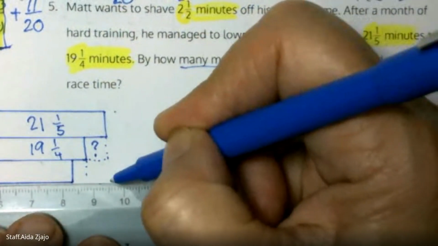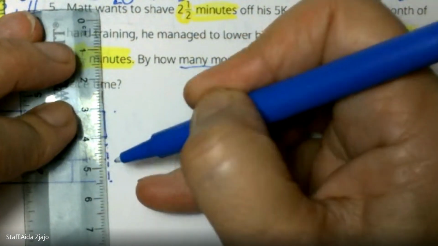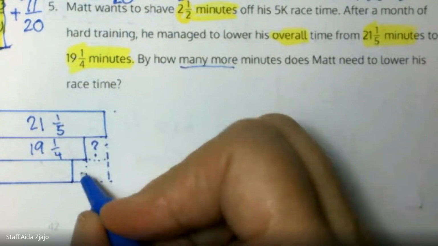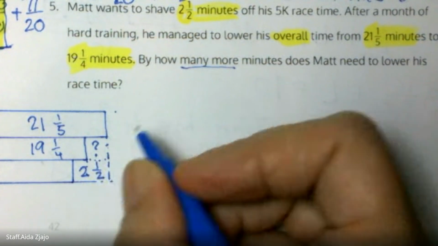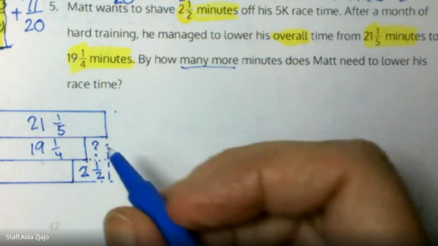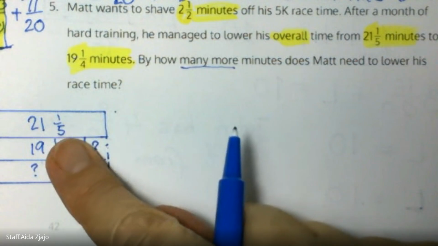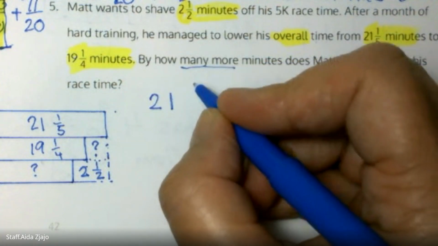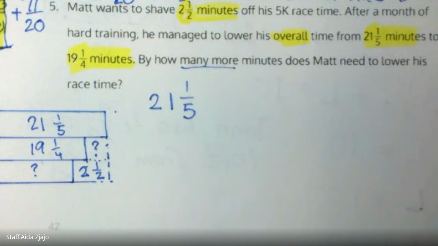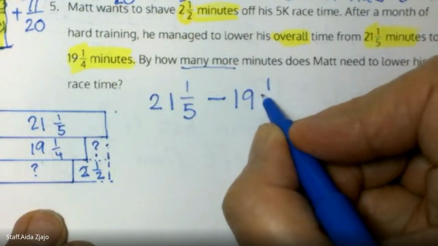So the first step is to find the missing number here. This needed to be 2.5, but we also don't know what his time is going to be. The overall time is 21 and 1/5, and now he is at 19 and 1/4.